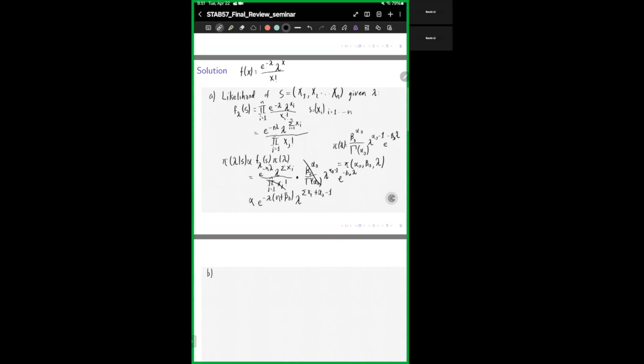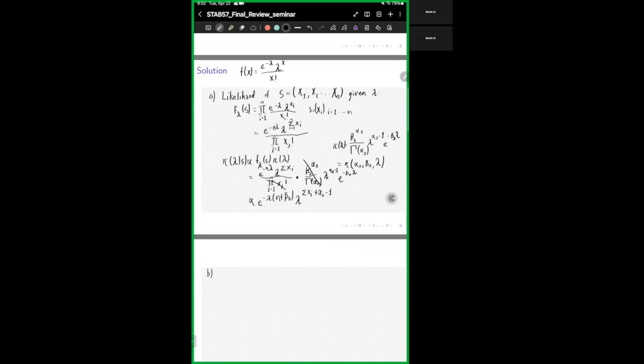And what do you know? This is sort of in the structure of a gamma distribution. We don't have any of the constant terms here, but that shouldn't really matter because the structure still follows a gamma distribution.